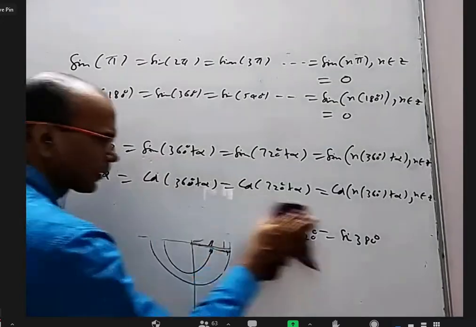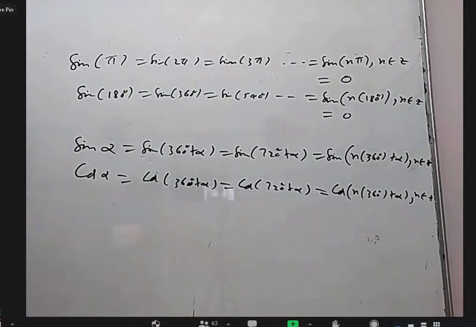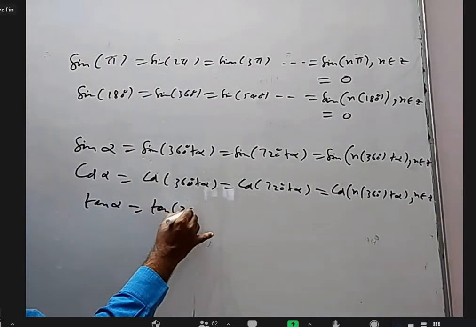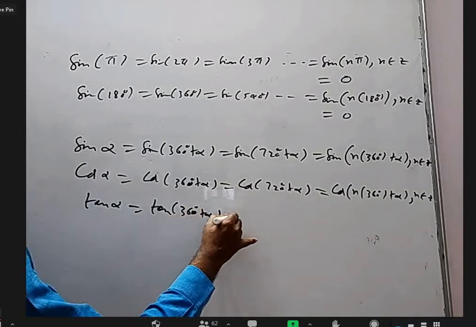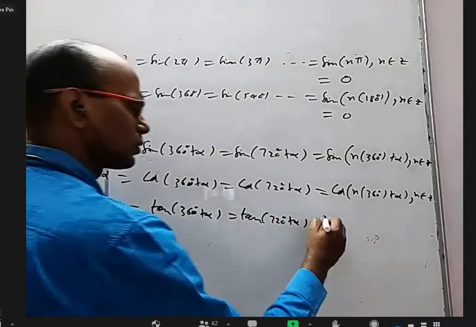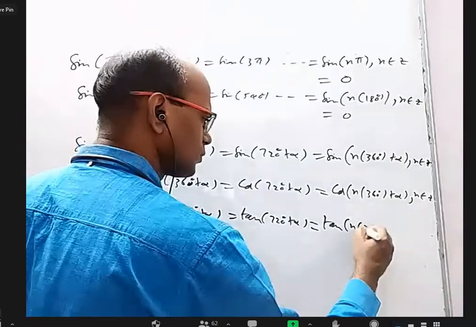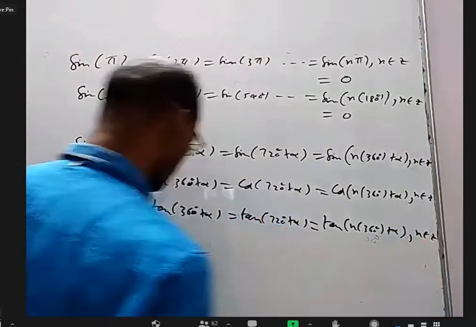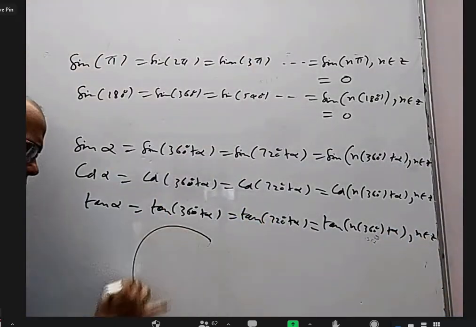That is the main point here. If you want to write, tan alpha is the same as tan 360 degrees plus alpha, the same as tan 720 plus alpha, the same as tan n times 360 degrees plus alpha, where n belongs to Z. I wanted to draw this figure.